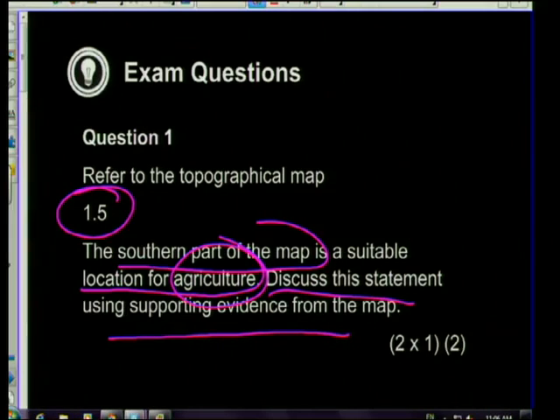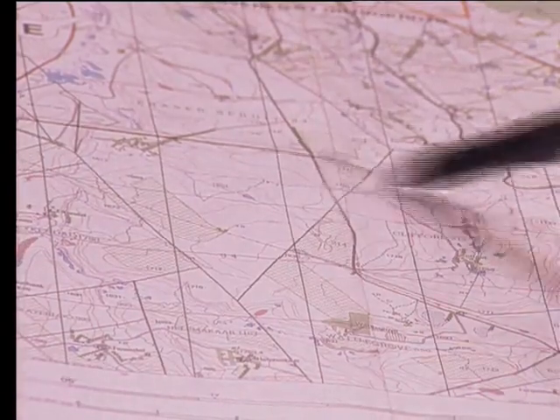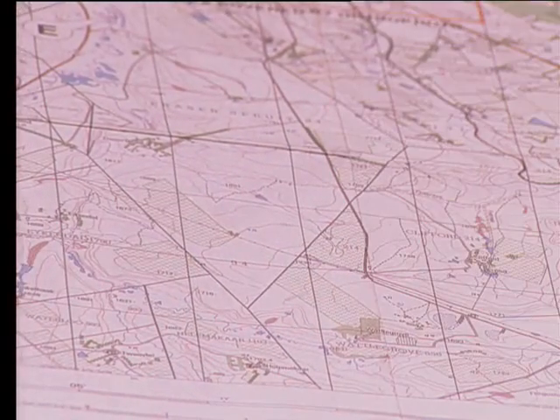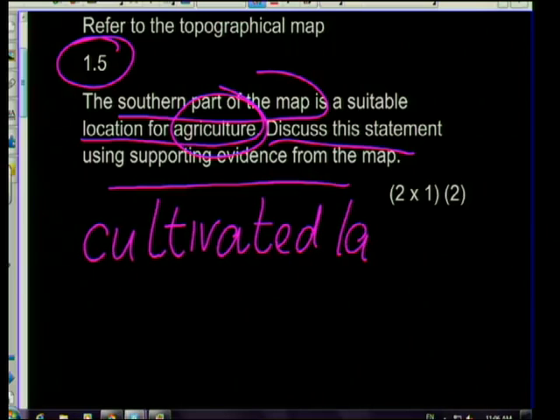What should we be looking for in order to determine the evidence that agriculture occurs? And if I look at the map, it suggests that you are looking at cultivated areas. That's evidence. So let's put it down. Cultivated land.